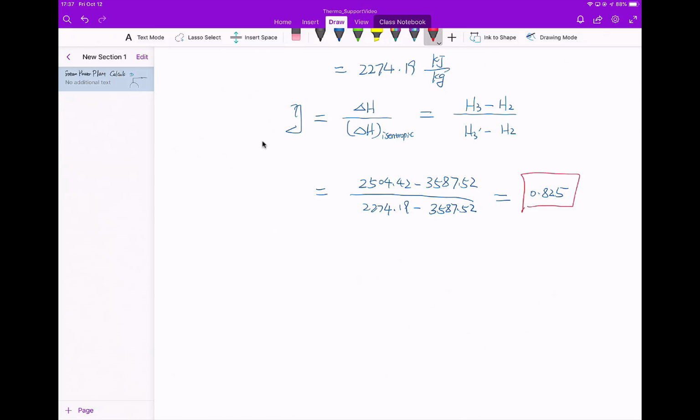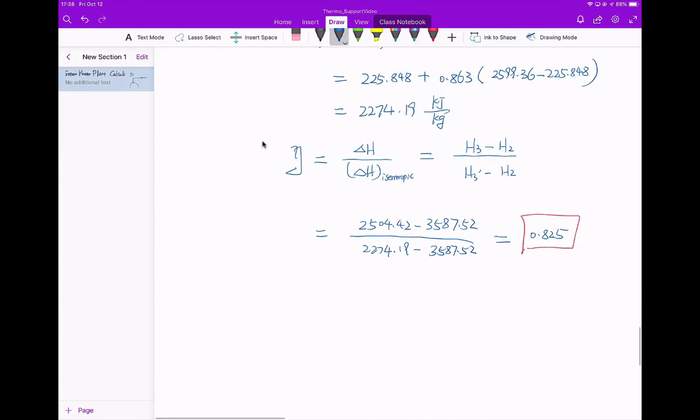Then what would be the shaft work? The shaft work we need to calculate, because I'm going to use that to calculate my overall efficiency of the steam power plant.